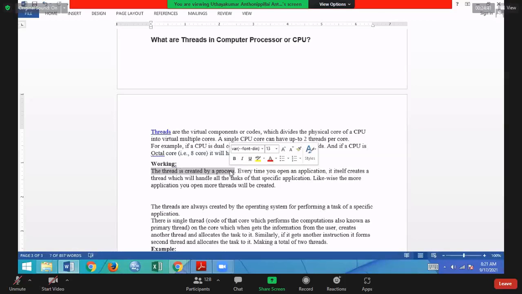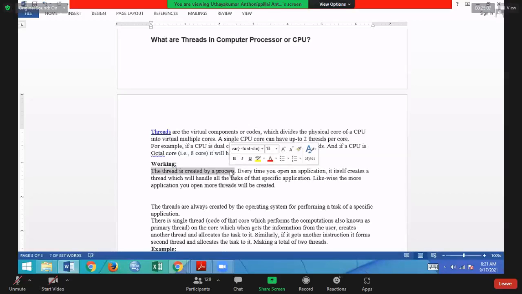So at a time you can open one PowerPoint presentation, one Word application, and background music files. 3 or 4 applications can work simultaneously, and 3 or 4 threads can be created simultaneously. Each thread manages each application, right?